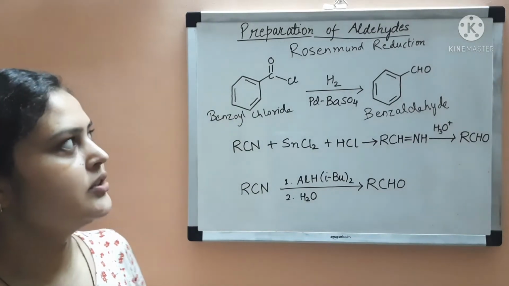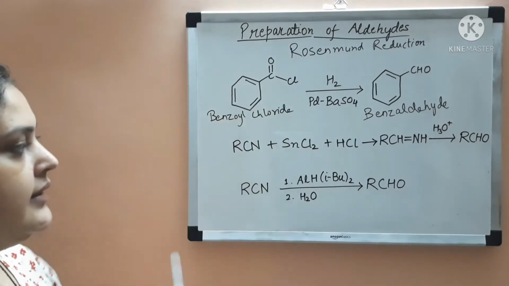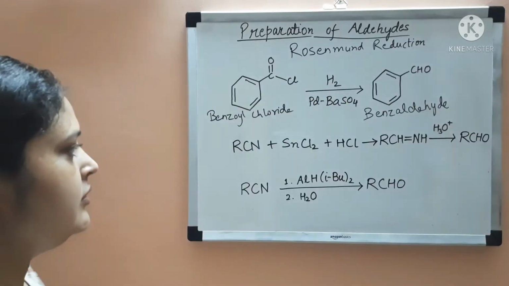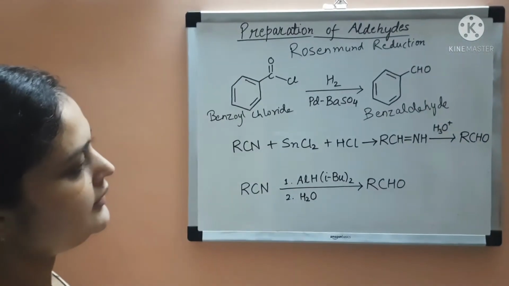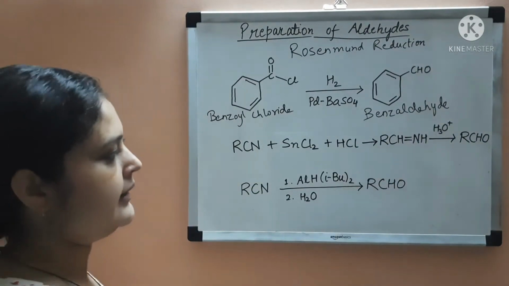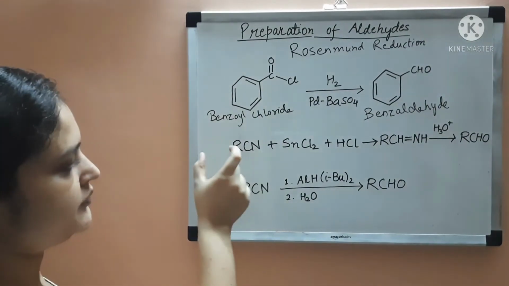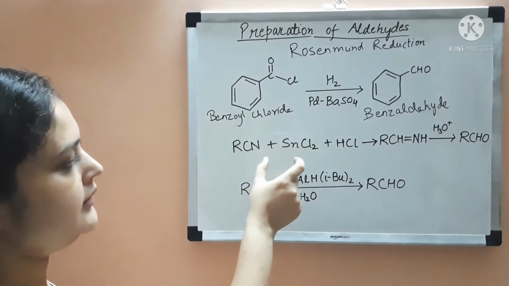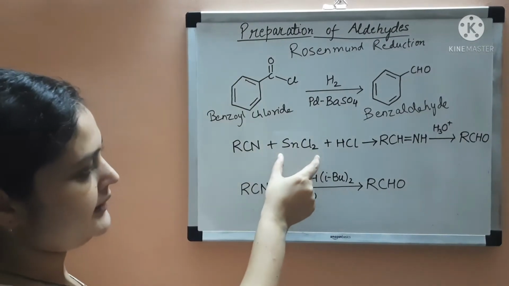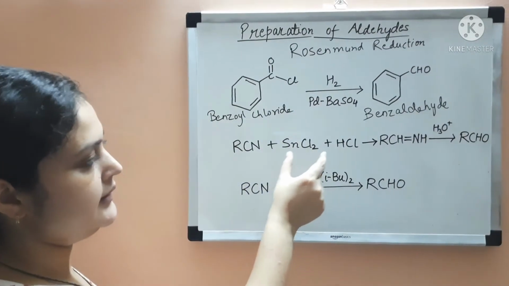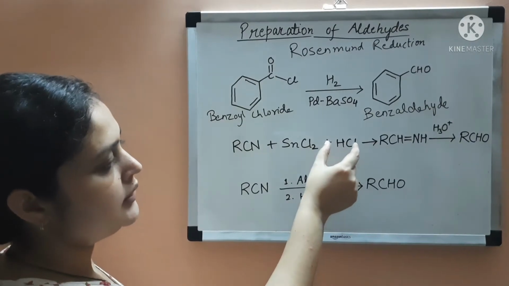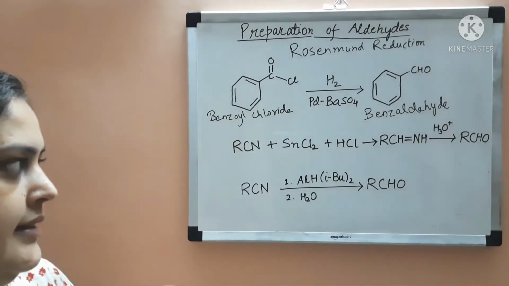The next reaction, so that was the main reaction. The next reaction is also a main reaction in which the nitrile is reduced to aldehyde. Here the nitrile is taken as the reactant and stannous chloride, SnCl2, is added, and also hydrochloric acid, HCl.